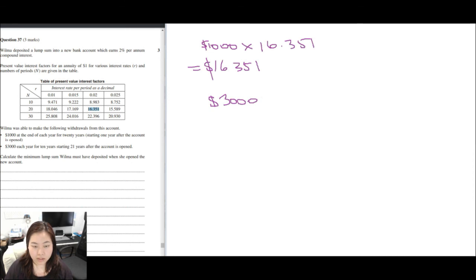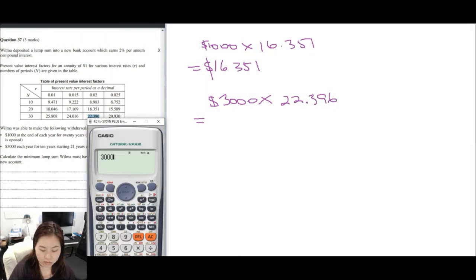But if, let's say, she takes it out for 30 years, which is times 22.396, but she only takes it out in the last 10 years, so the 10 is 8983.